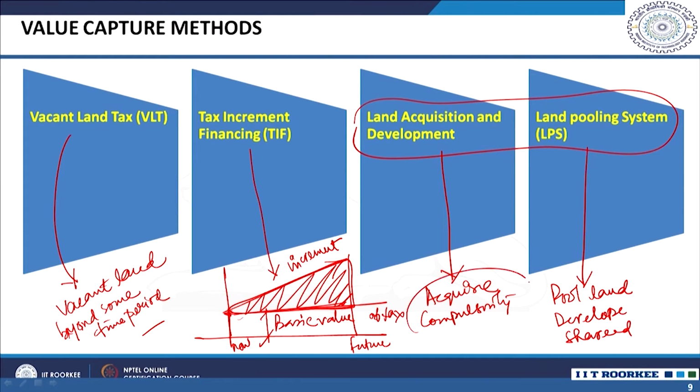So, in these two methods also, the moment we acquire or pool the land and develop some public infrastructure, the value of that land becomes higher, and in these methods also we can share the value increment or value enhancement of that particular land, because in both cases the basic value of the land is enhanced due to laying of the new infrastructure.